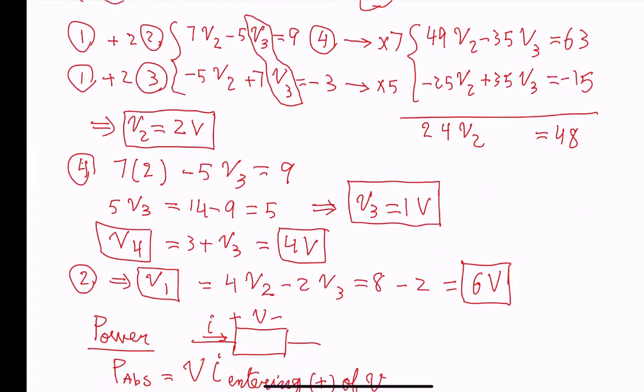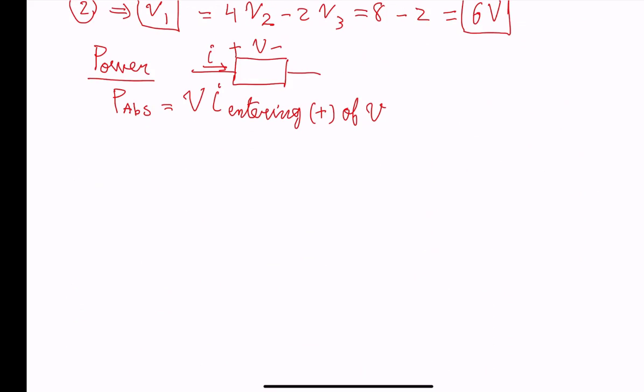So if we just say power, we are always talking about absorbed power. So power for the 3 volt source, let's make sure we notice this is supplied power, is 3I1. That is 3 times the current from node 2 to node 3.